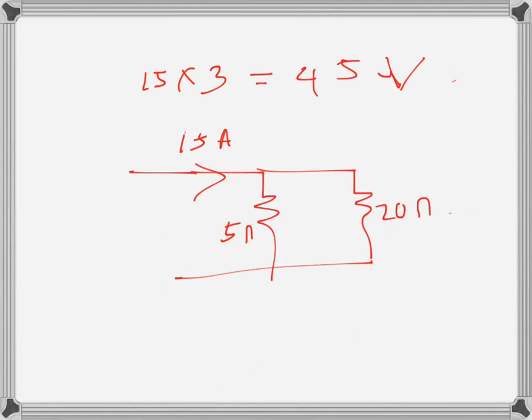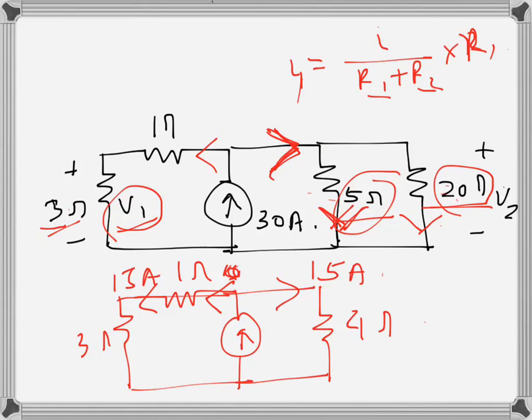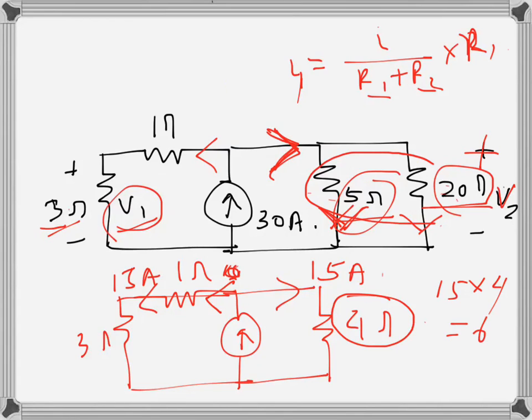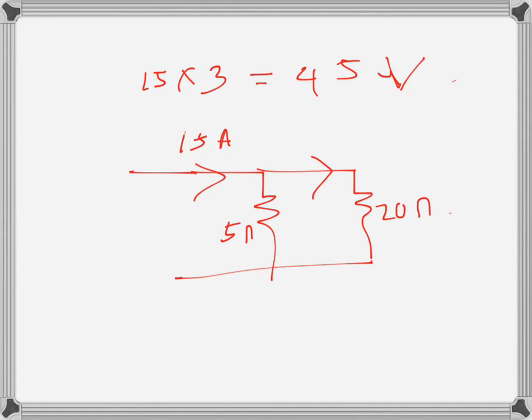Since we are interested only in the voltage V2, not the current, we could have found the equivalent resistance, which we already found, 4 ohms. So 15 times 4 is 60 volts. That would already give us V2.